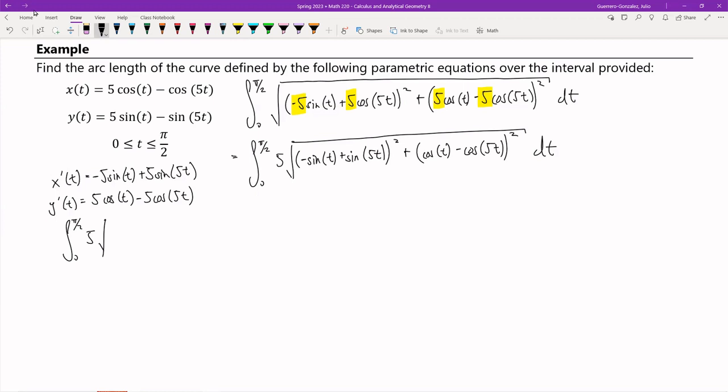If you do this first thing, it's going to be sine squared of t, minus 2 sine t sine 5t, plus sine squared of 5t.